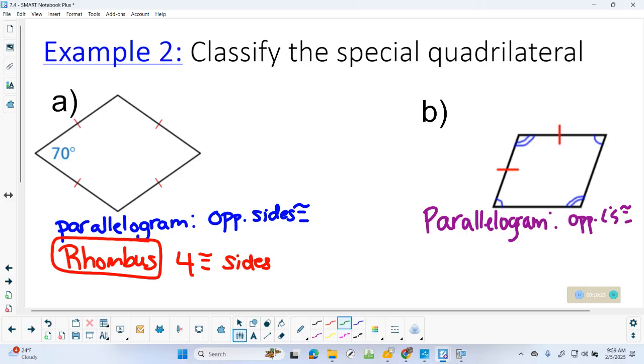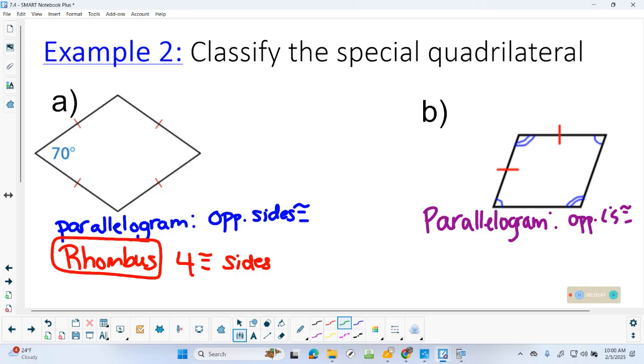Now, is it any of our specialized quadrilaterals? Meaning, is it a rectangle, rhombus, or a square? Well, again, I'm probably eliminating rectangle and square right off the bat because you don't have any right angles, as we said earlier. Those are out. Is it a rhombus? I see yes and no. Okay, I'm going to get fancy on you.